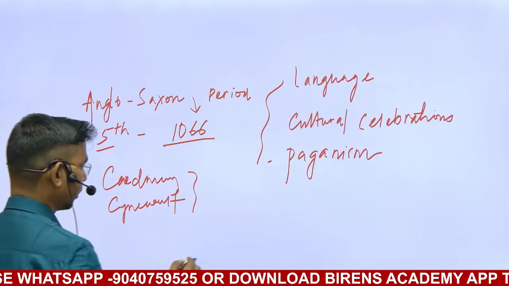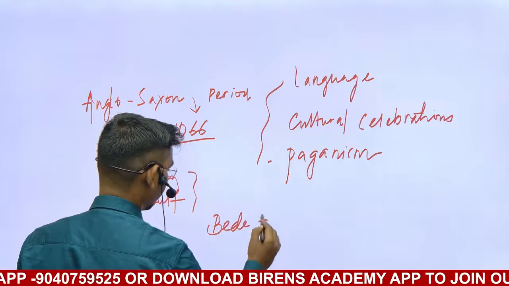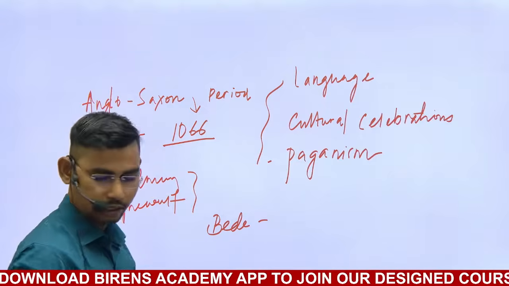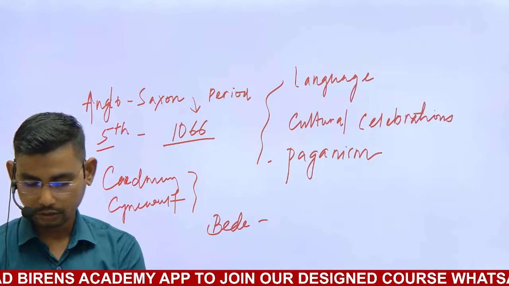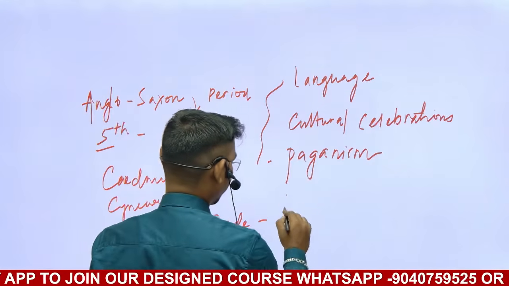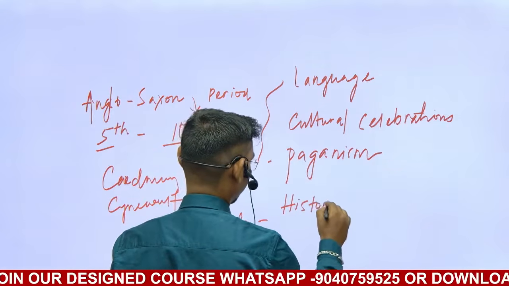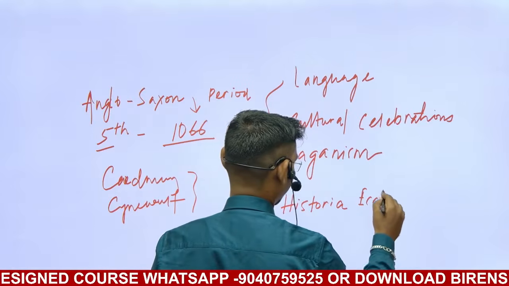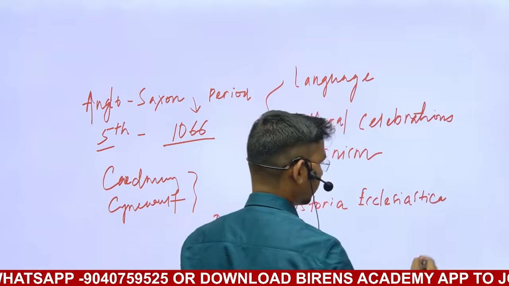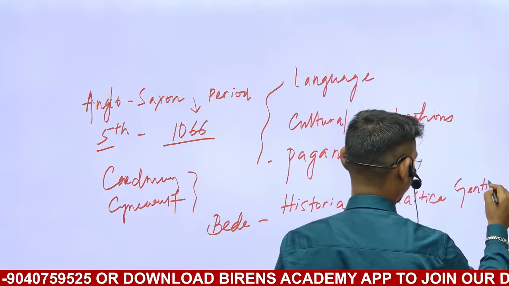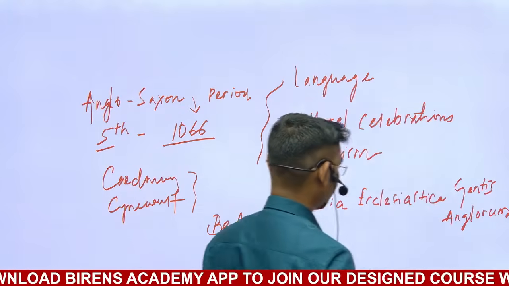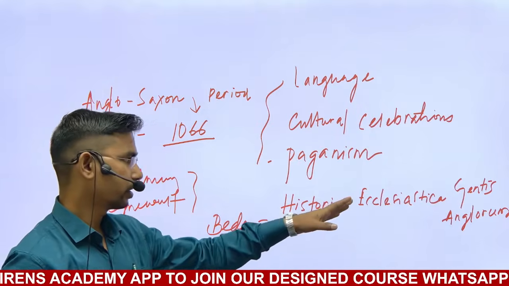Then Bede, the most important person for the history of English literature, because he wrote a work of art called Historia Ecclesiastica Gentis Anglorum.